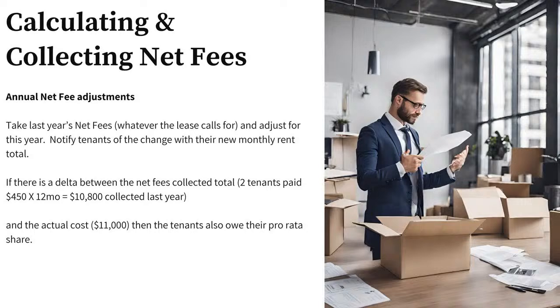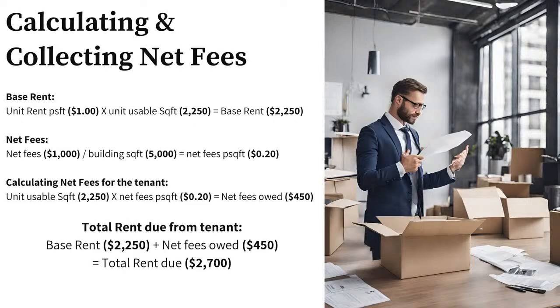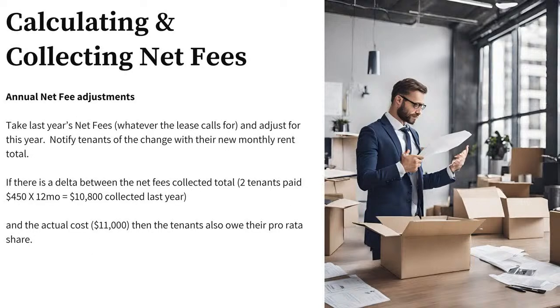So I've just got 2 tenants in my example building. My net fees are $450 a month. I think I calculated that right for 2 tenants, right? Let's see. Did we calculate that right? No, we might have calculated that wrong. Okay. Well, this is just to show you an example.